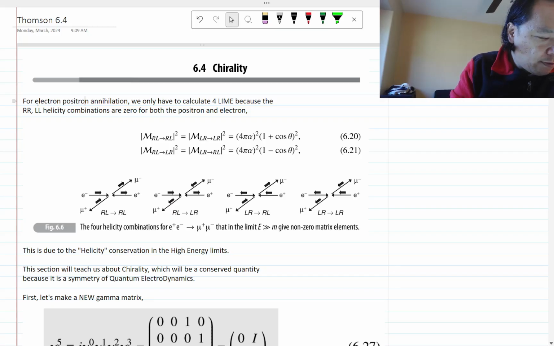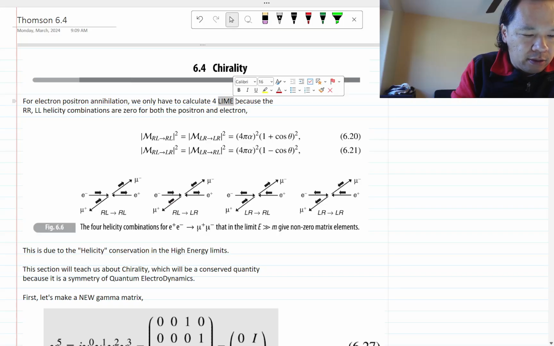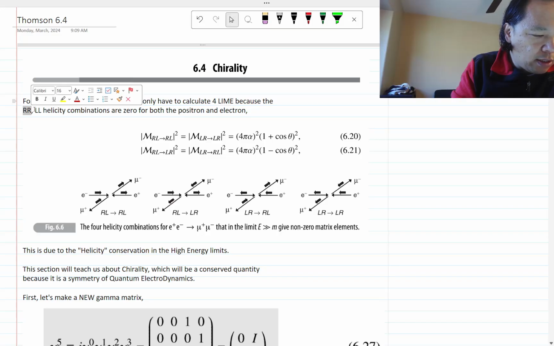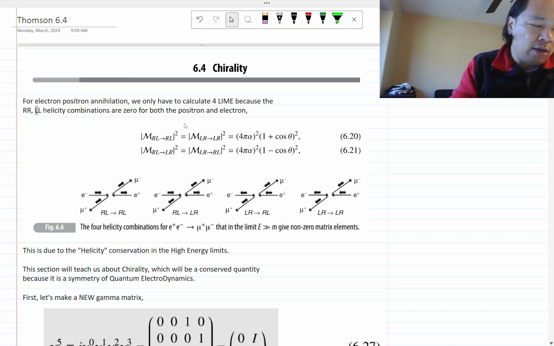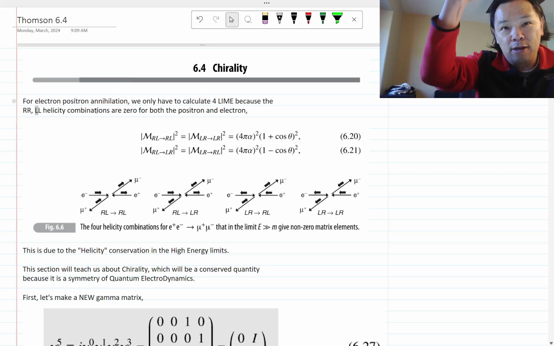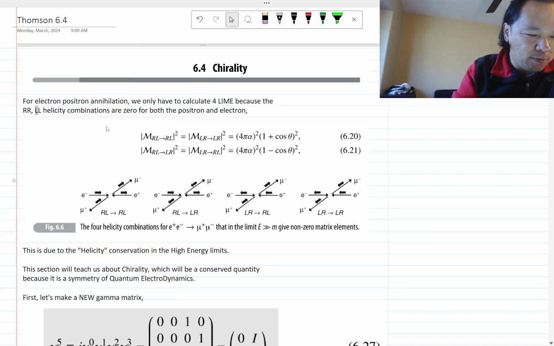Okay, for electron-positron annihilation, we only have to calculate 4 of these Lorentz invariant matrix elements. You have this matrix element M_RL, and then you could have an M_RR, but we found that these combinations are actually 0 from the long calculations that you did in the last homework.